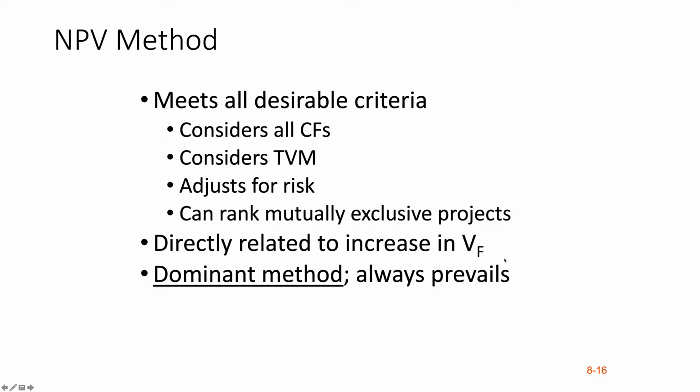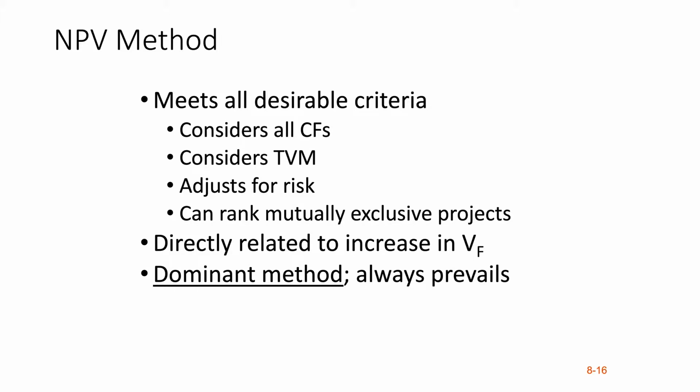Now, the net present value method meets all desirable criteria for use as an investment rule for capital budgeting. It takes into consideration all cash flows. It takes into consideration the time value of money. Using different required rates of return, you can adjust for the riskiness of that project.